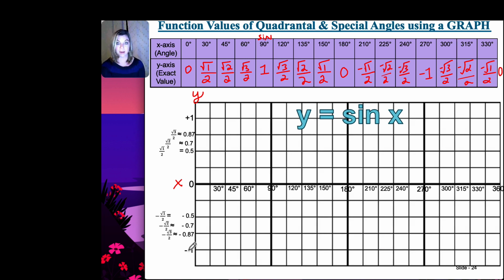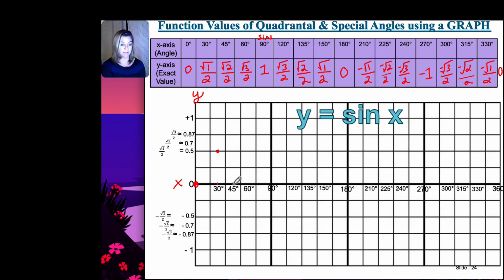Okay, let's start plotting some points. First one is 0 degrees, outputs a value of 0. So sine of 0 degrees equals 0 would go right here. Next one, 30 degrees, let's go to 30 on the x-axis, and we'll put a point at the value 0.5, or 1/2.